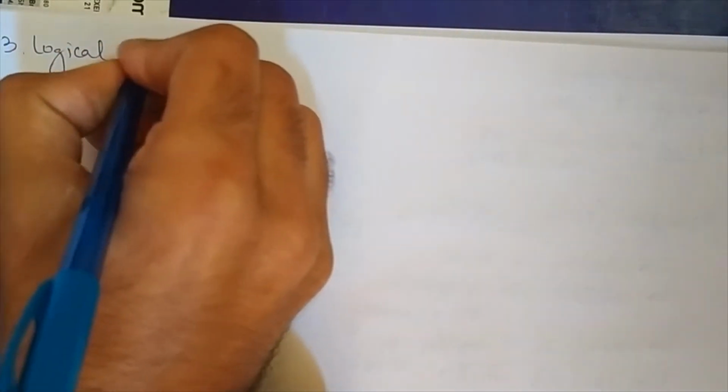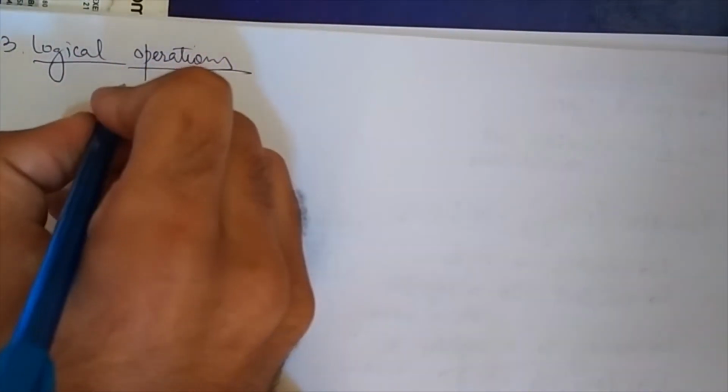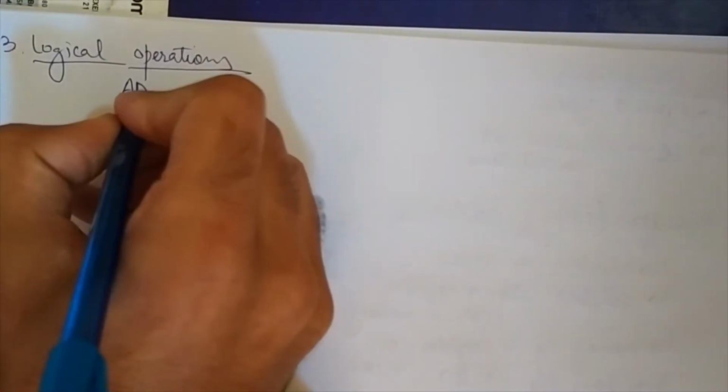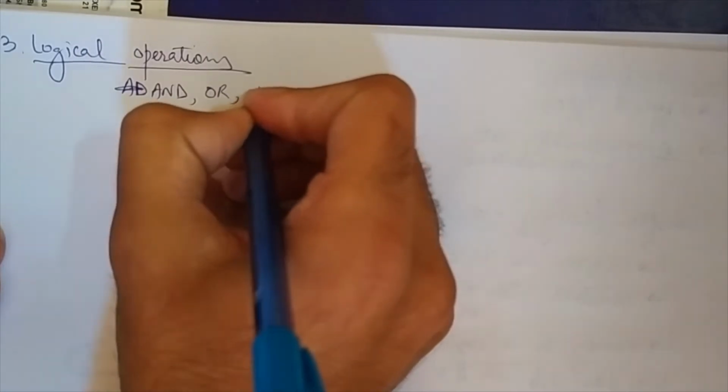Third type of operations that are possible in microprocessor 8085 are the logical operations. The different logical operations that are available in 8085 microprocessor are AND, OR, and exclusive OR.